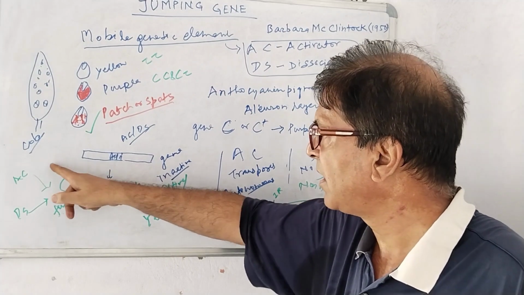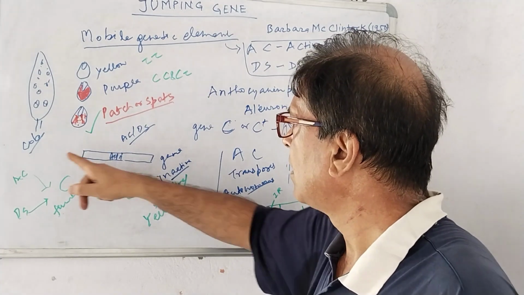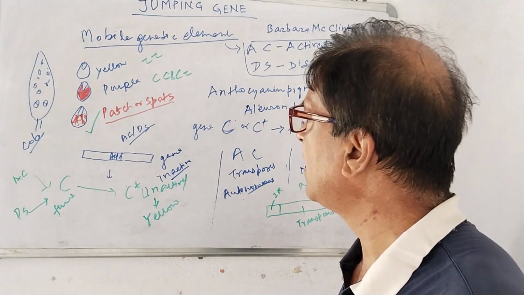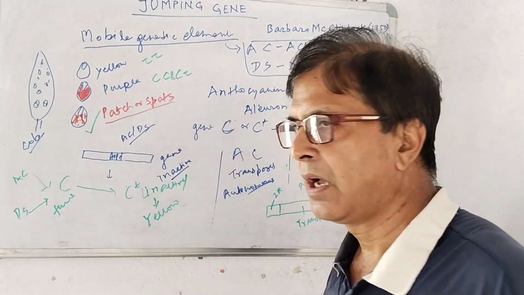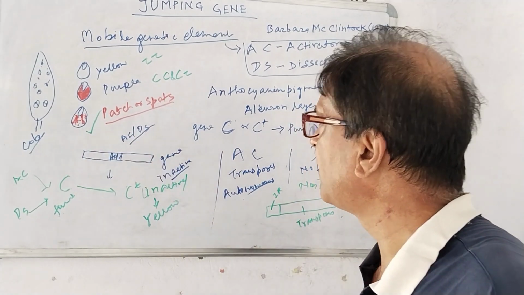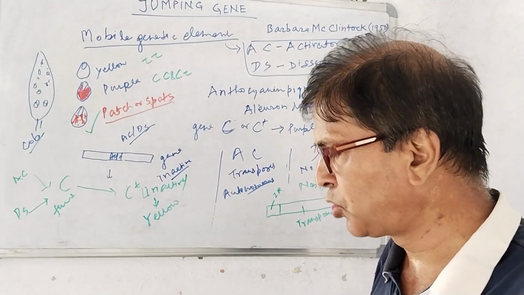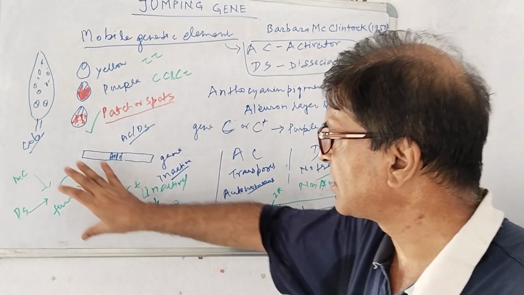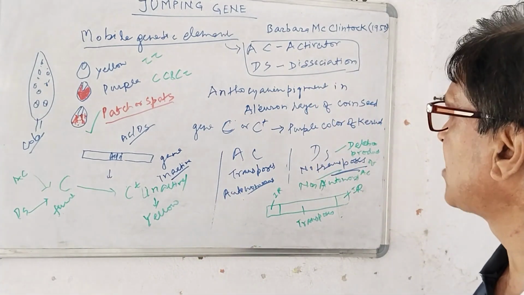But when there is continuous to and fro movement of this DS element, it results in formation of color in some tissues and lack of color in some other tissues, and finally you will find this kind of patches or spots. There are two possibilities. These are the insertion mutations that are done by this AC and DS element. There is one more possibility.